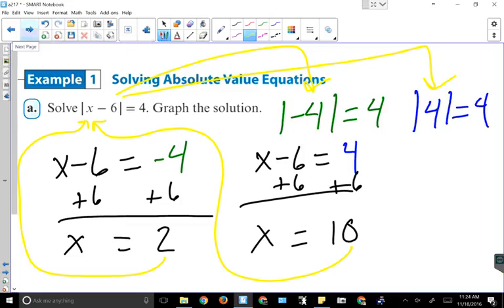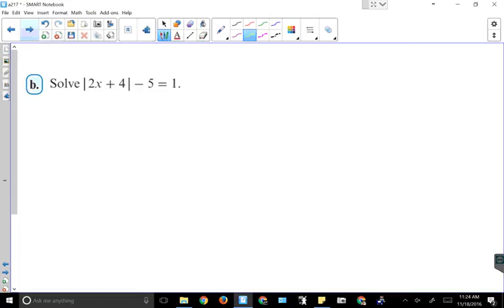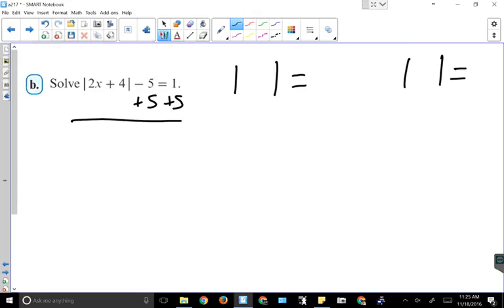So, let's try this. I want to solve this. I need to know what the absolute value is equal to. So before I go and figure out what goes inside the absolute values, I need to figure out what the number is out here. So what I'm going to do is add 5 to both sides. So I get the absolute value of 2x plus 4 is equal to 6.